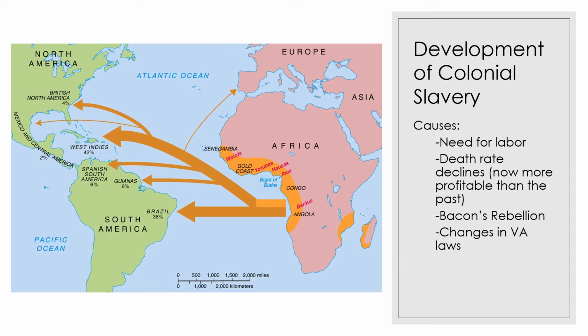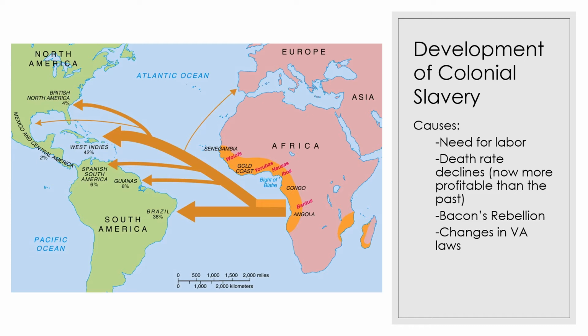Just as a quick review, slaves were initially brought in 1619 to Jamestown, but they were very costly, and people were hesitant to invest that cost with the high death rate in those early decades. And so instead they focused on using indentured servants, and we know that's going to change.